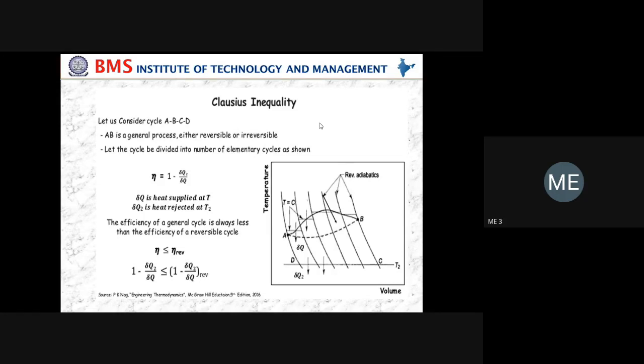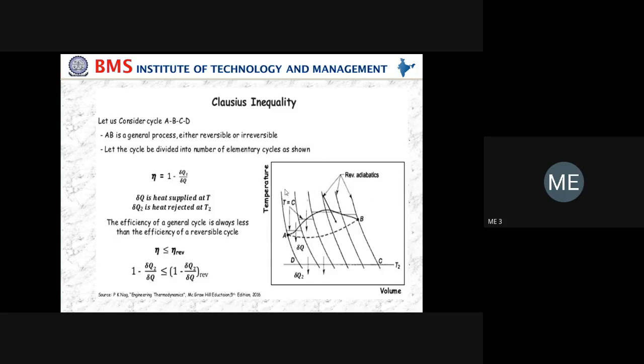Cyclic integral of dQ by T is equal to 0 for reversible, less than 0 for irreversible, and greater than 0 is not possible at all. Like how we studied PMM1 and PMM2, cyclic integral of dQ by T greater than 0 is impossible. It is always less than 0 or exactly equal to 0. That is the proof we have to do.